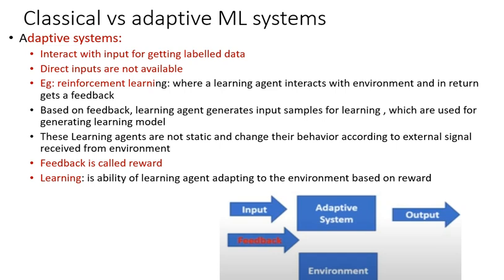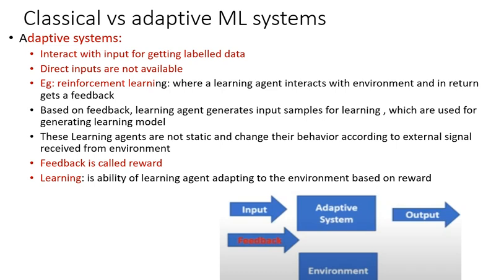A best example of an adaptive system is reinforcement learning, where a learning agent interacts with the environment and in return gets feedback. Based on this feedback, the learning agent will generate input samples for learning, which is used for generating the learning model. These learning agents are not static, they are adaptive.